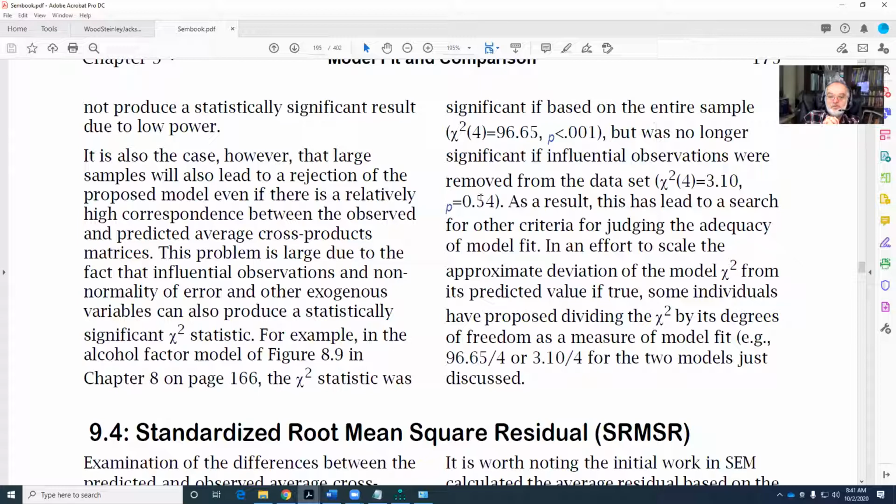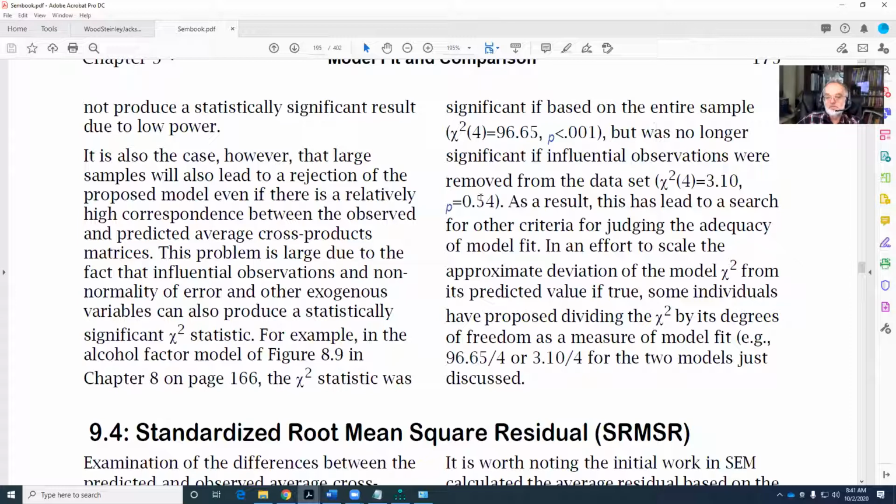So this led to research on the part of people to try to find some other summary measure of structural equation modeling that would tell us if something is fitting well. Now, one of the earliest things that made some sense to people was to take the chi-square in your model and divide it by its degrees of freedom.